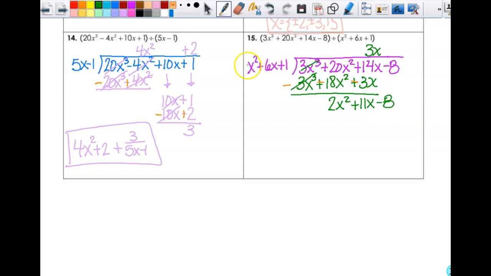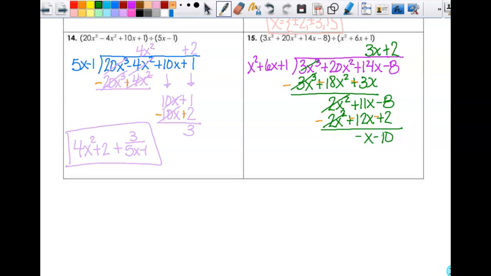X squared goes into 2x squared a positive 2 times. So we get 2x squared plus 12x plus 2. Go in there and change my signs. These zero out. I get negative x minus 10.